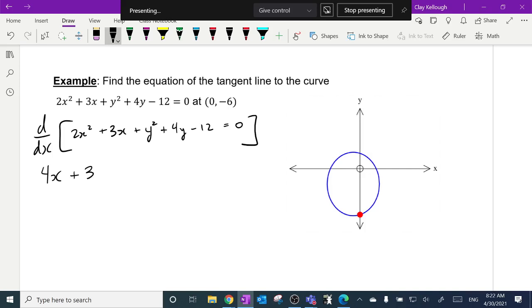The derivative of y squared is, by chain rule, 2 times y to the 1 times the derivative of y with respect to x. Plus the derivative of 4y is 4 times y to the 0, which is just 1, so I don't need another y, but times the derivative of y with respect to x, and the derivative of 12 is 0, and the derivative of 0 is 0. So that's my new equation.